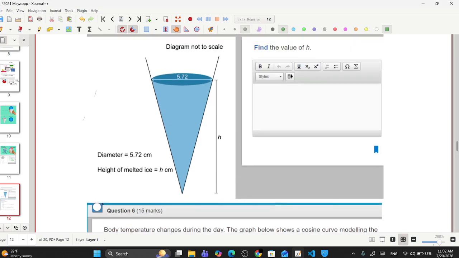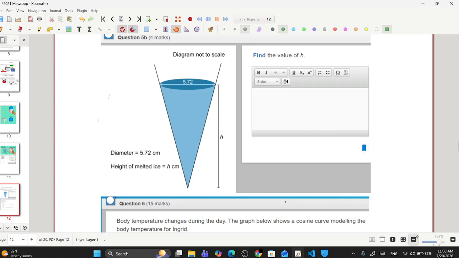Wait a second. In order to find the value of height, okay, this is confusing. I think I'm missing some piece of information that should have been given.